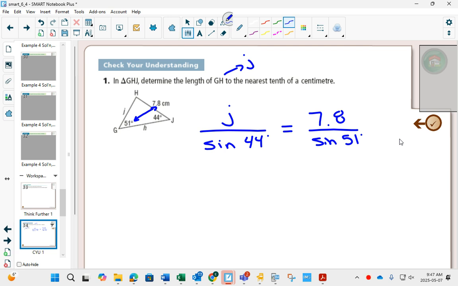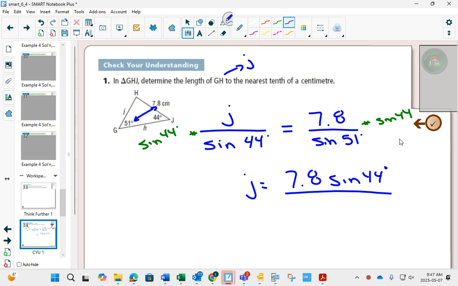Now, if you wanted to get this J by itself, can you see that you would need to multiply this side by sine 44, and this side by sine 44, which would get us the J by itself. And when you multiply, that would go in your numerator.